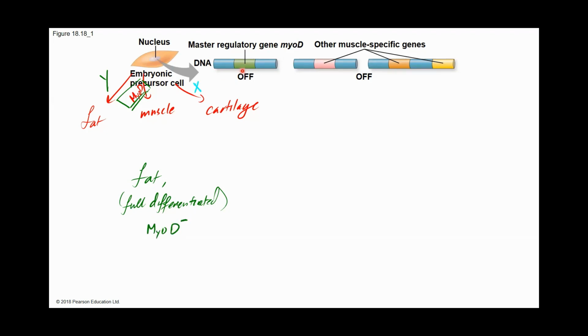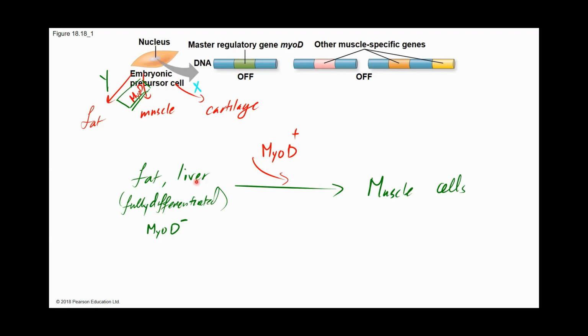They do not express the MyoD gene, but they could be converted into muscle cells if they are forced to start expressing MyoD. So the presence of MyoD inside fat cells will convert fat cells, which are fully differentiated, into muscle cells. Same thing applies to liver cells.